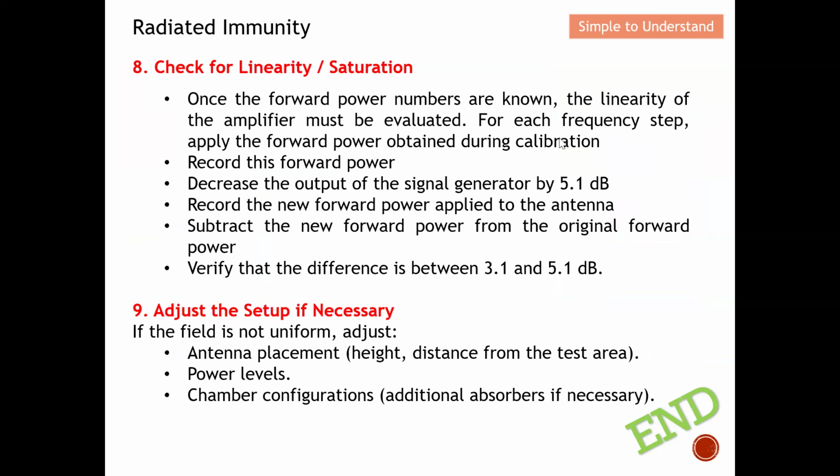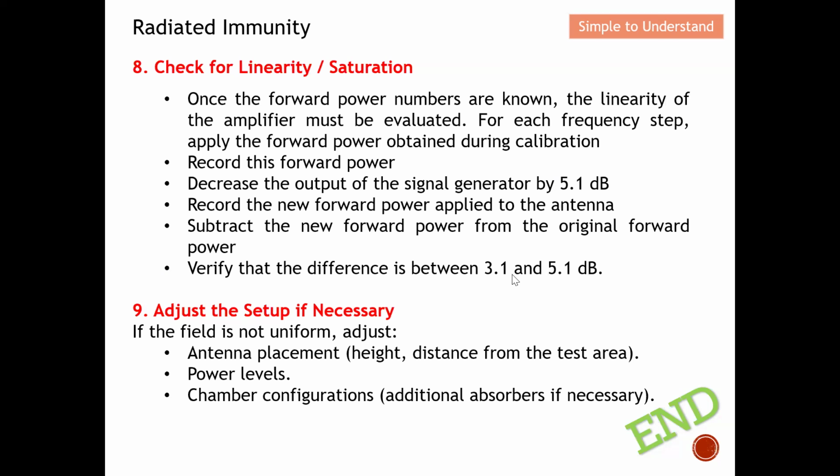For each frequency step, apply the forward power obtained during calibration and record this forward power. After that, we decrease the output of the signal generator by 5.1 dB. Next, we record the new forward power applied to the antenna. Subtract the new forward power from the original forward power. We need to verify that the difference is between 3.1 and 5.1 dB.